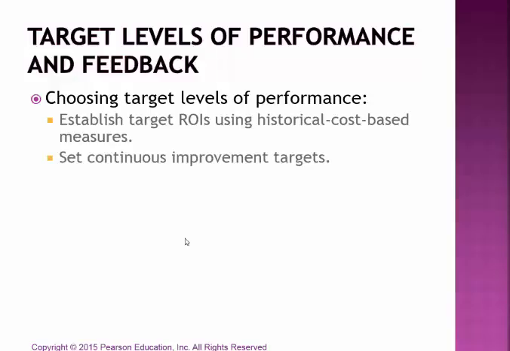We, of course, will include those continuous improvement targets in our calculations: increasing sales, decreasing cost, better managing our taxes. Those types of things can all be considered in our numbers that we're using to establish our target ROIs and our other measures of performance. So management may ask you to tweak some things in order to help them establish those target performance numbers that they will then use to evaluate managers against.